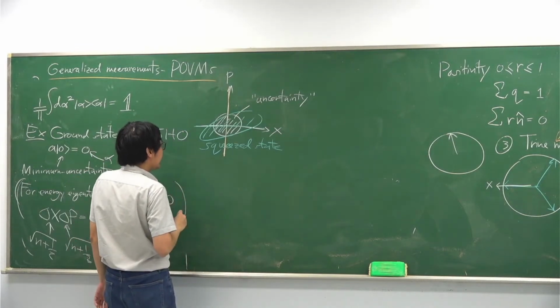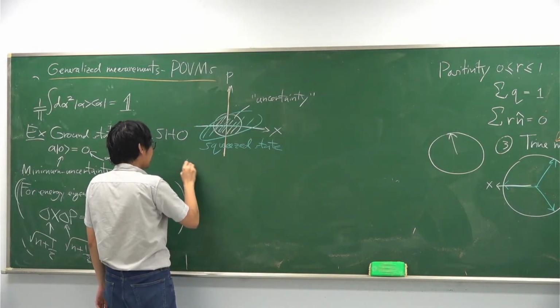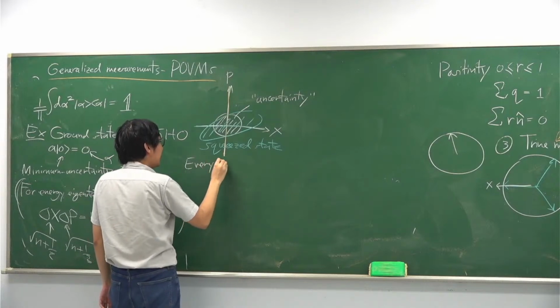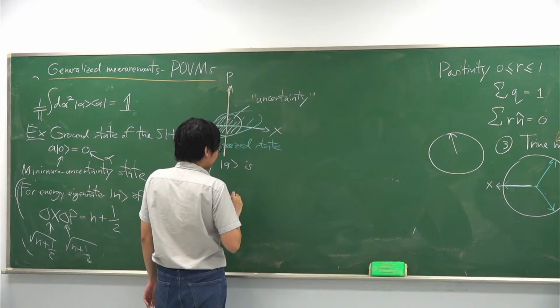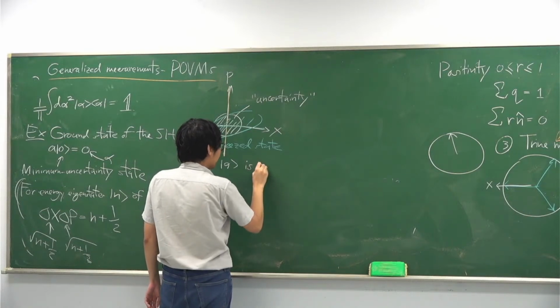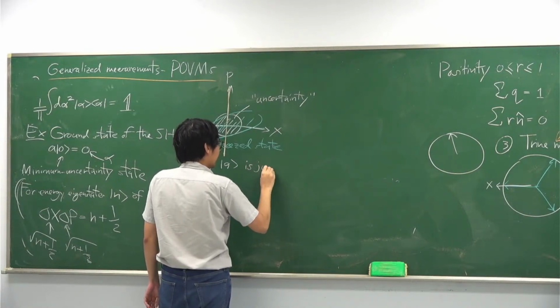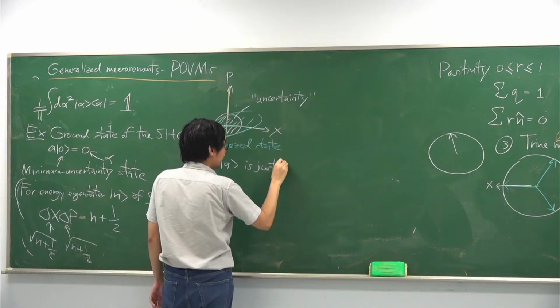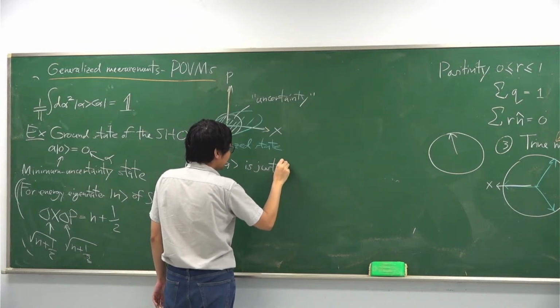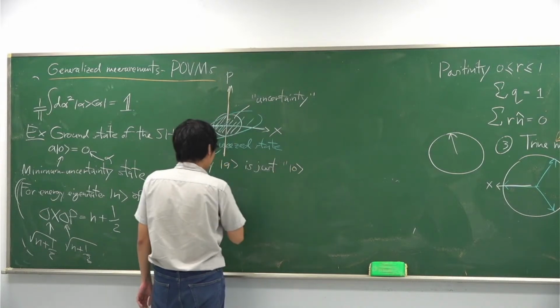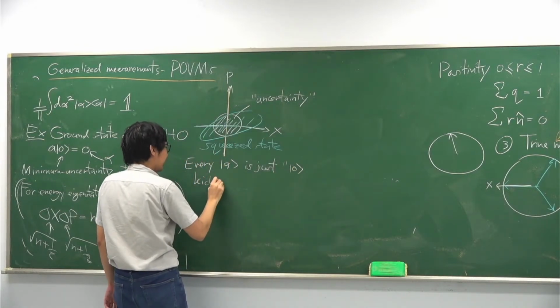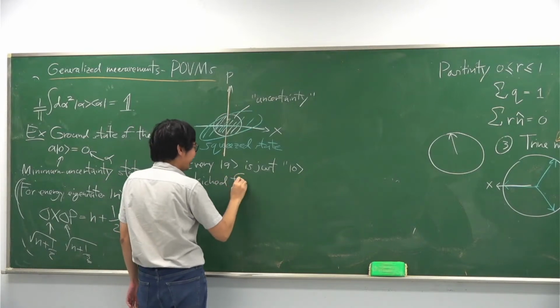But it turns out that every coherent state alpha is, well, maybe this is not the best way to say it, but it's just the ground state that has been picked from the origin.